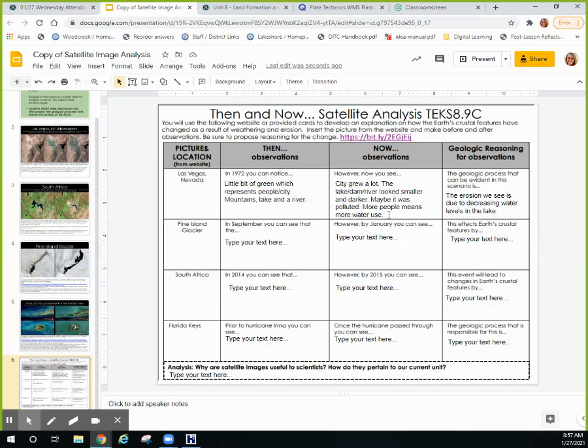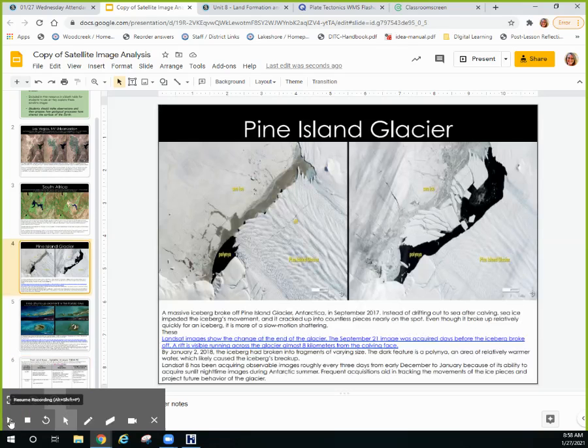So that would tell me their groundwater supply would be depleting, would be decreasing. And the geological process that was evident to us was a little erosion around the lake because of the decreasing water levels.